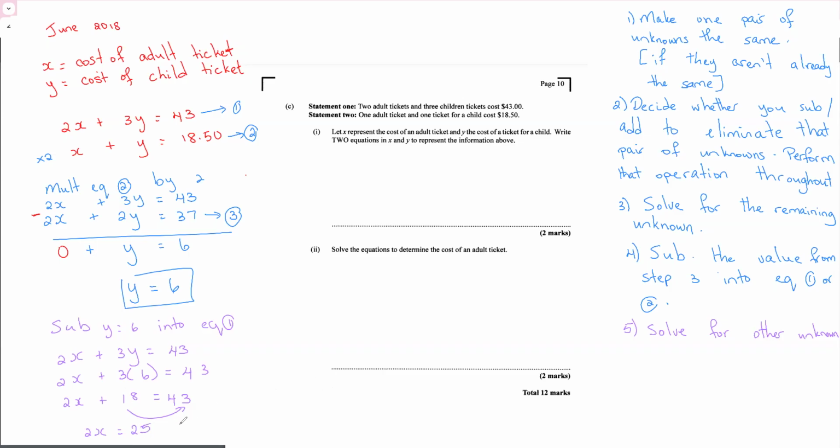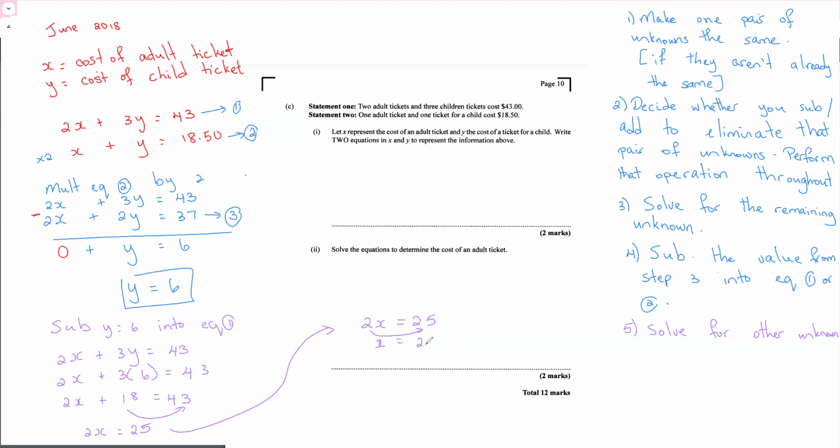And then if 2x is equal to 25, we want to find out for 1x. So it was attached to the x through multiplication.